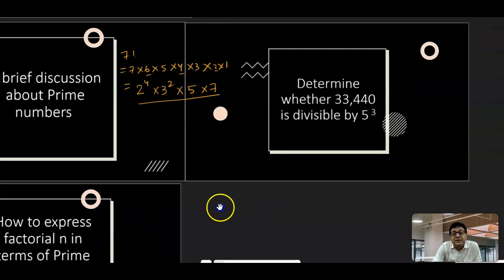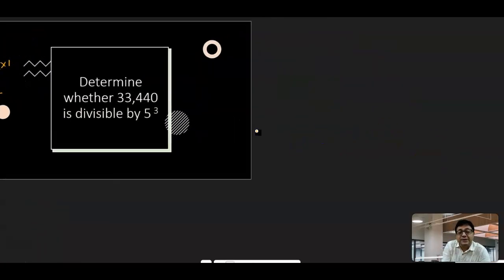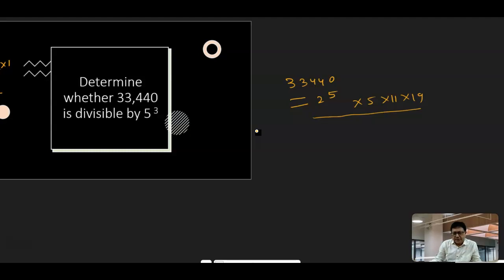When somebody asked you to check whether 33440 is divisible by 5 cube, what did you do? You took the help of prime factorization. You wrote it as 2 to the power 5 into 5 into 11 into 19. See, the prime factorization of 33440 is there. What is the exponent of 2 here? 5. Exponent of 5? 1. Exponent of 11? 1.